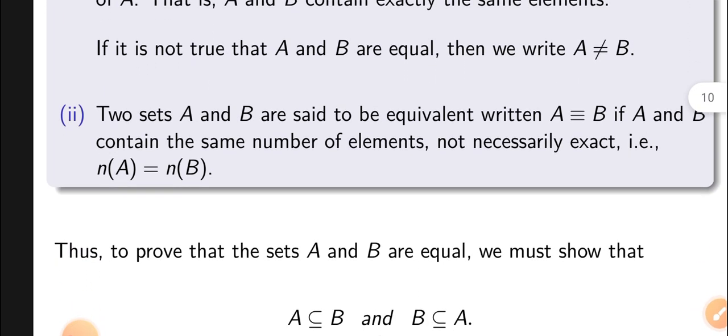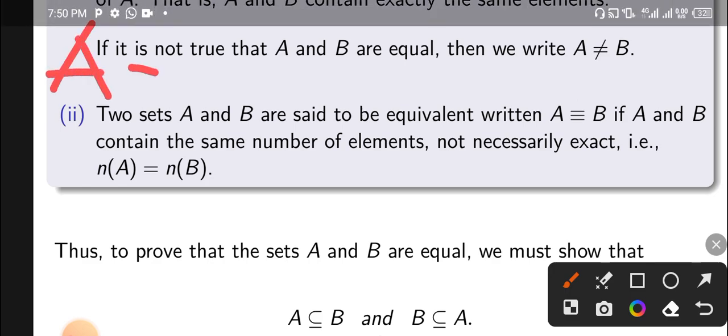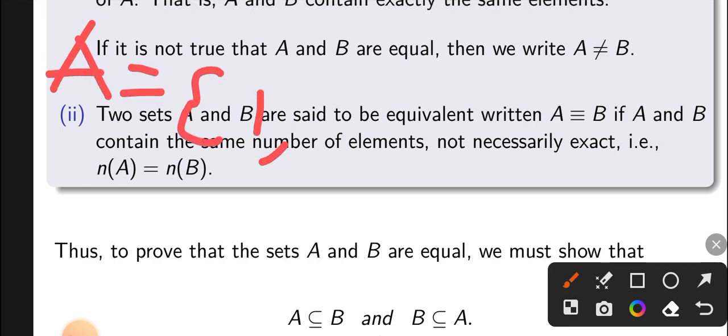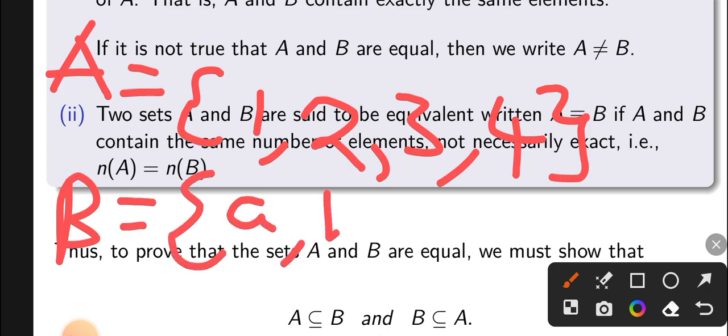Now, we talk about equivalence. Two sets A and B are said to be equivalent if A and B contain the same number of elements, not necessarily the exact same elements. An example I can give is A contains {1, 2, 3, 4}, and B contains {a, b, c, d}.